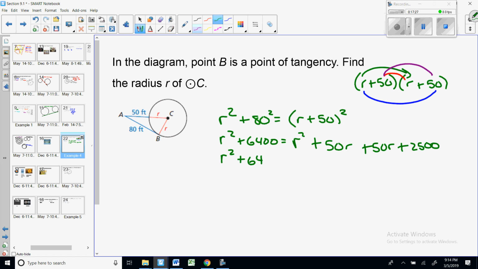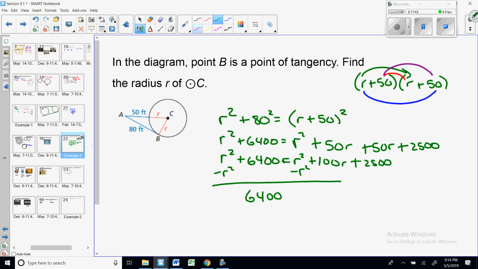Now, when we simplify our problem down, we have r squared plus 100r plus 2,500. When I go to subtract r squared from both sides, guess what? They cancel out. So sometimes when you get a squared term within a problem, it will stay as a problem that you can solve as a linear equation because your r squareds will cancel out.